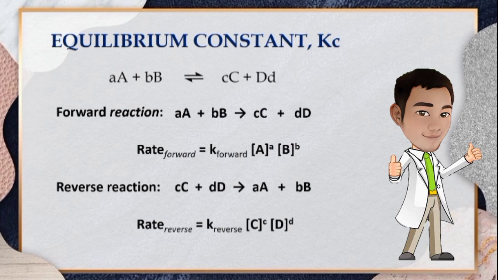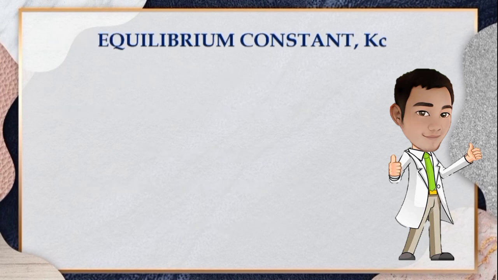The opposing reactions will occur simultaneously provided the reactants of both reactions are present. For the opposing reactions at equilibrium at a certain temperature, rate forward is equal to rate reverse.